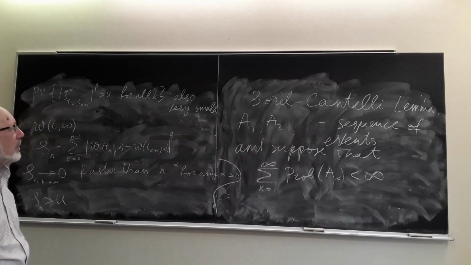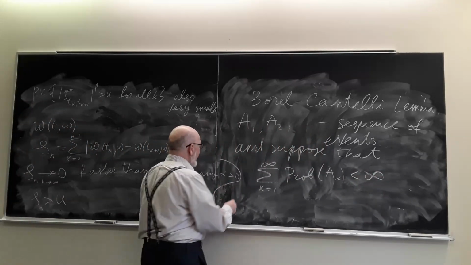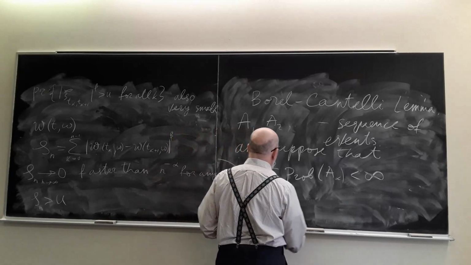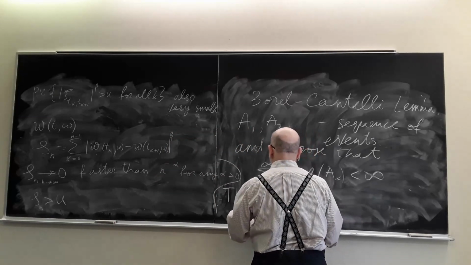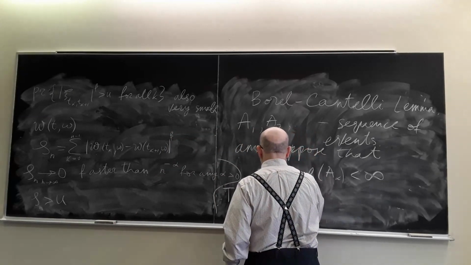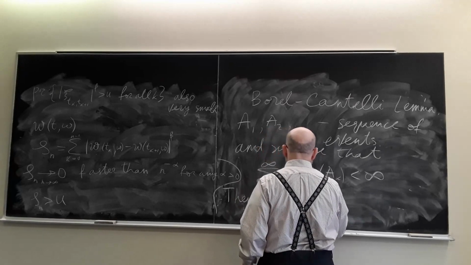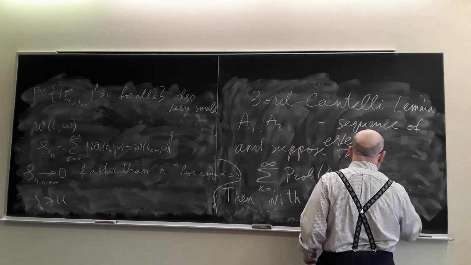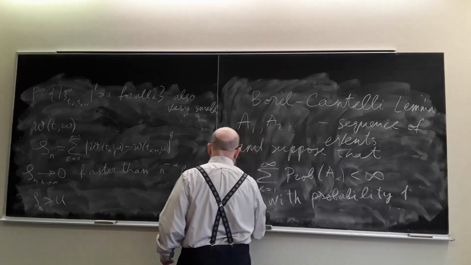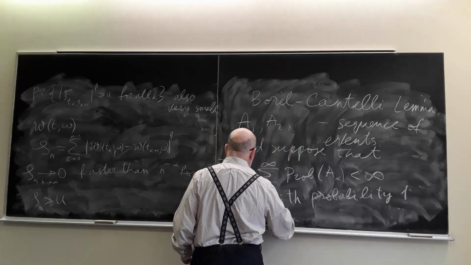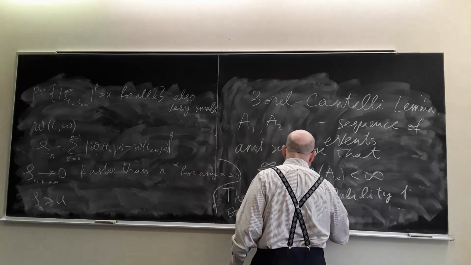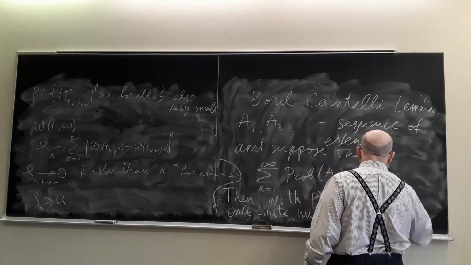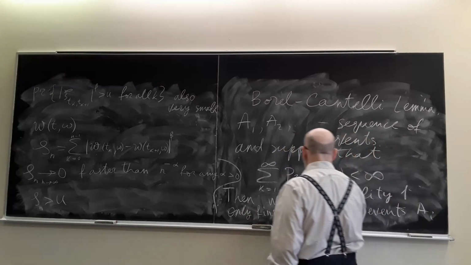So these probabilities go to 0 fast enough. Then with probability 1, only a finite number of events A_i happens.